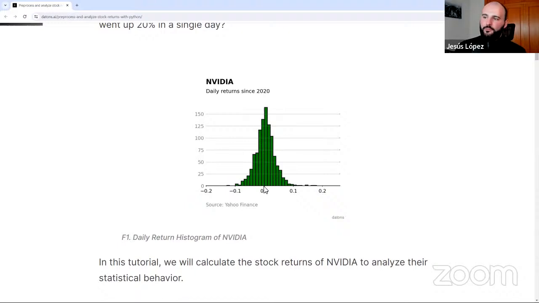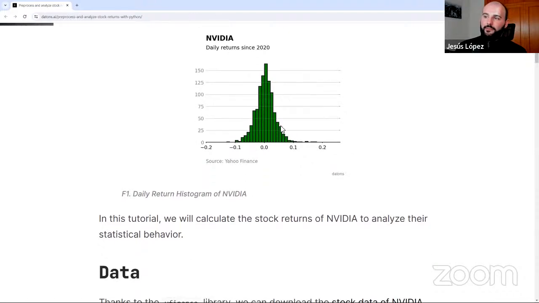For example, most of the days had a daily return of around 0%, and very few days were -20% and 20%.